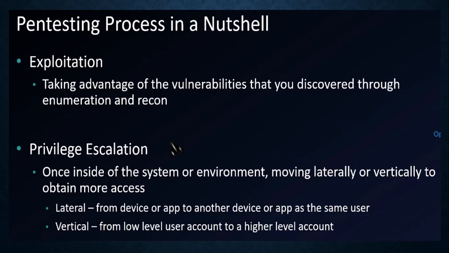Whenever you hear lateral movement in a penetration test, it means from one device or app to another once you have gained access. Now, what of vertical movement? Vertical movement means moving from a low level user, because previously you would log into a low level user before migrating to a high level user.